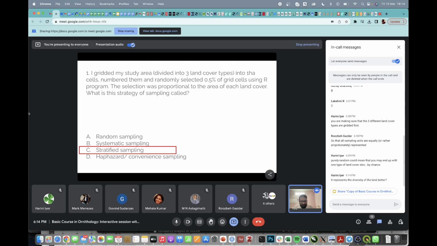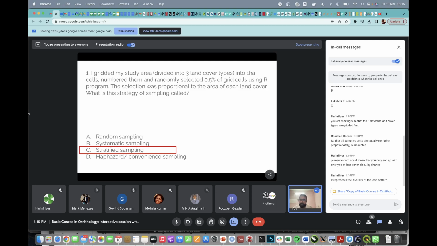So suppose, for example, there are only two land covers: one is a grassland and one is a dense forest. We are doing stratified sampling, looking at birds in grassland and birds in dense forest.